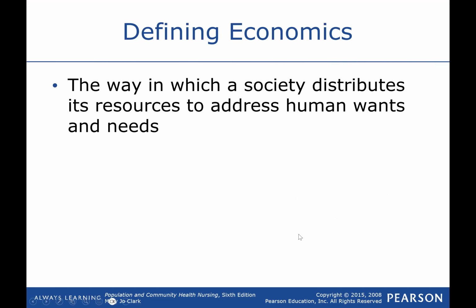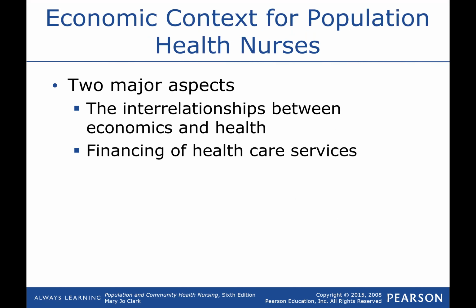So defining economics: the way in which a society distributes its resources to address human wants and needs. We've got two major aspects to this: the interrelationships between economics and health, and the financing of healthcare services.